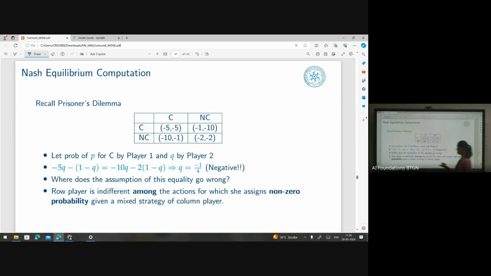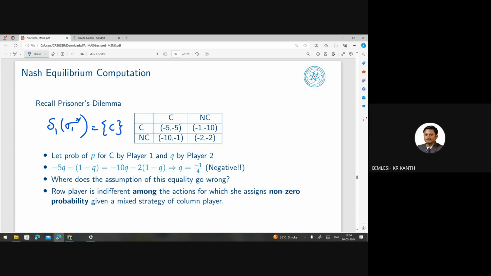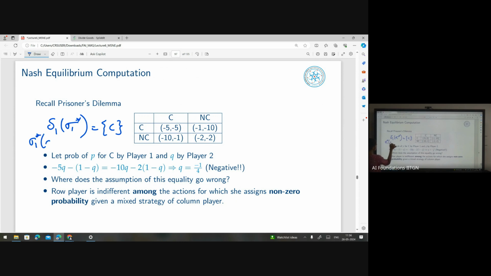In the prisoner's dilemma, consider the support of agent 1 for any Nash equilibrium. If agent 1 has to play an equilibrium strategy, then the support should be only C. Correct. So sigma 1 star of C should be positive, and sigma 1 star of NC should be 0, which means it should not play the strategy NC.